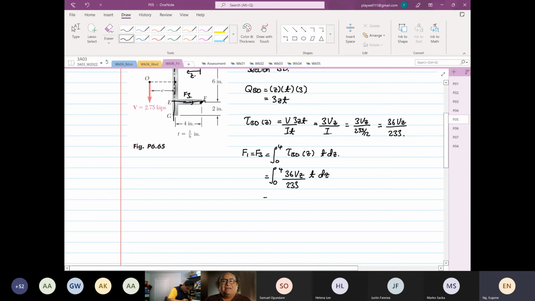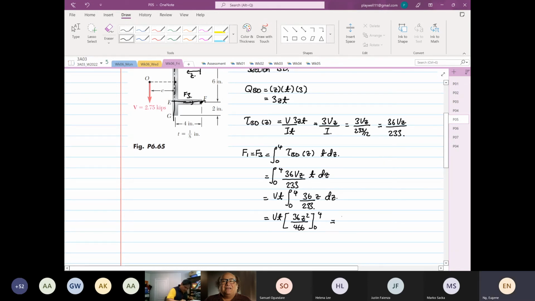So this will be equal, again, very simple math. V T, right? Then we have 0 to 4, 36 over 233. Okay, then we have Z dz. So V T, then we have 36 Z squared over 466, 0 to 4.